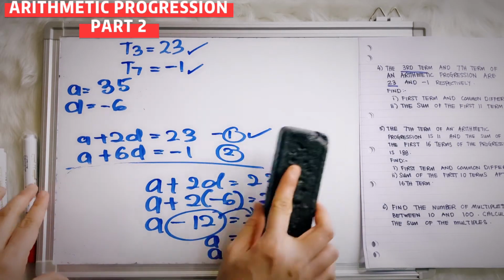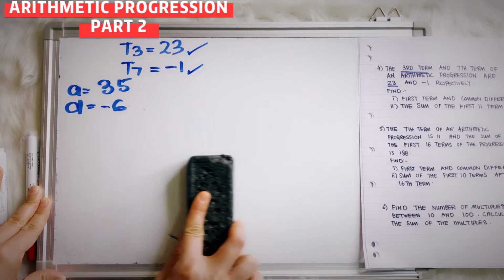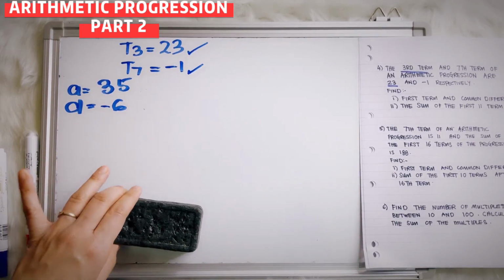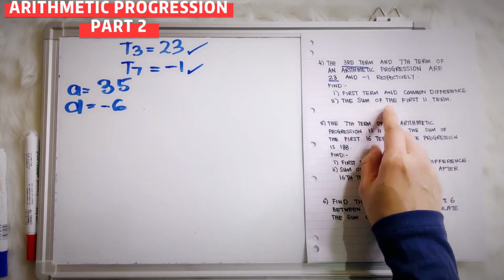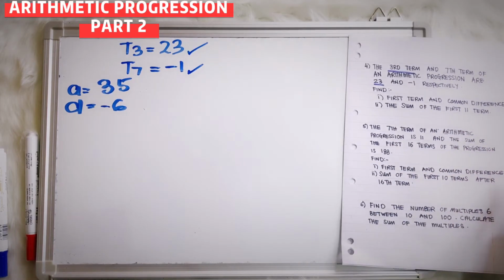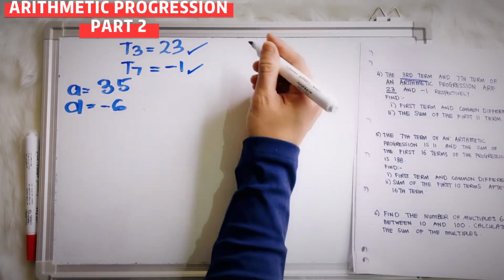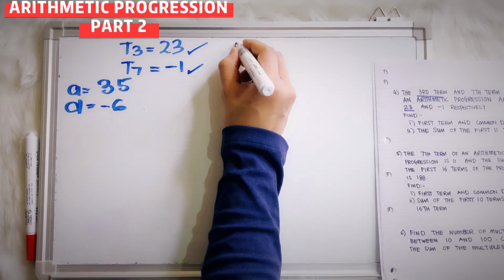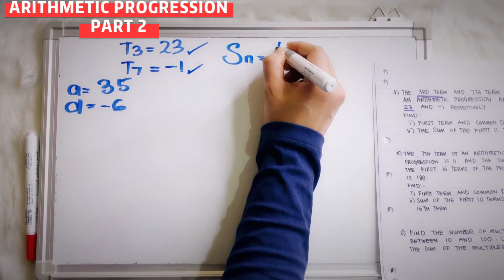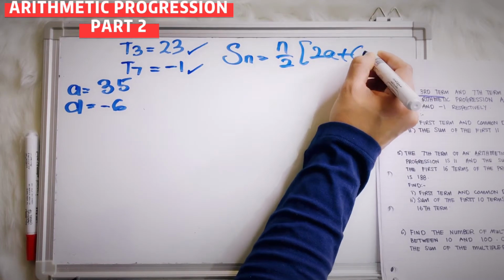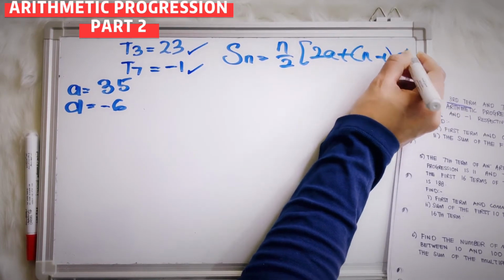Next question, you have to find the sum of the first 11 terms, so S11. What is your Sn formula? The formula for sum is Sn equals n over 2 times (2a plus (n minus 1)d).